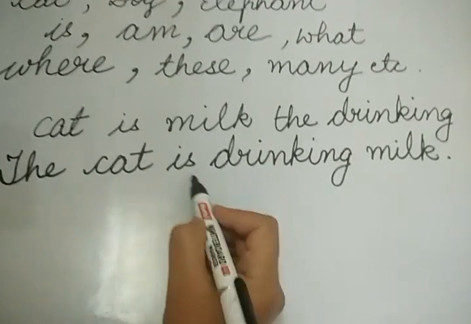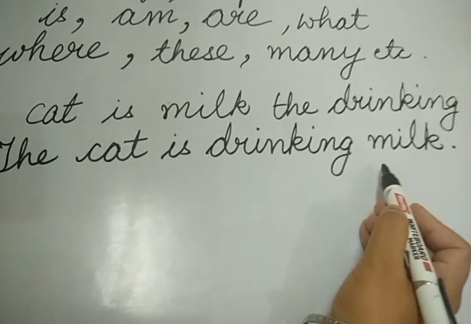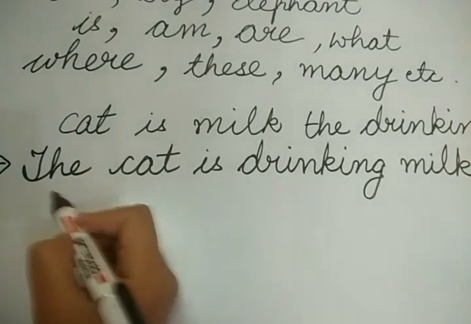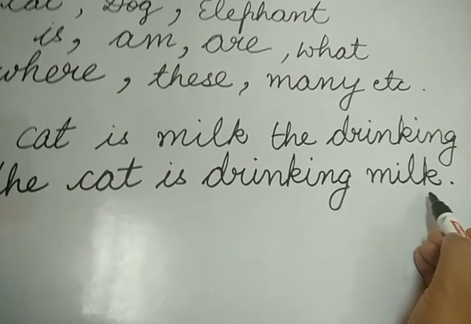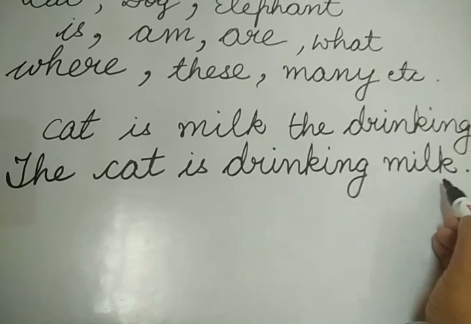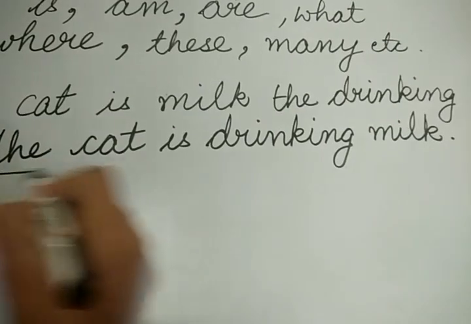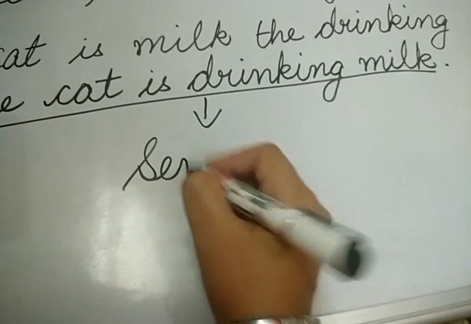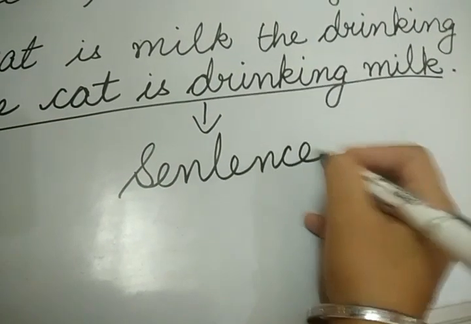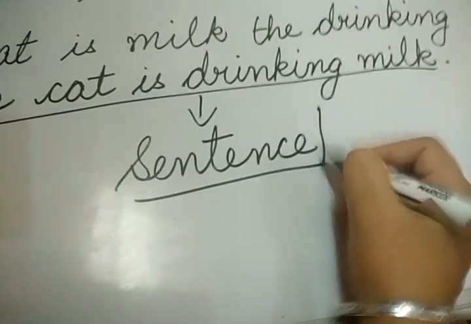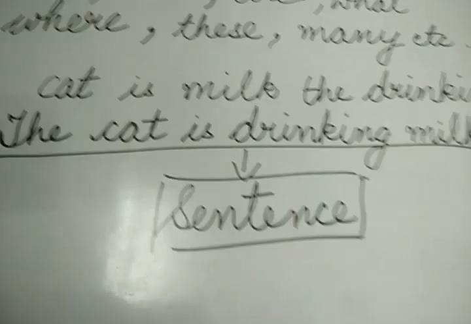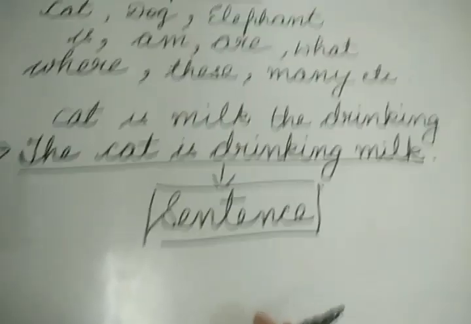The cat is drinking milk. So this sentence has a meaning. Now these words, when we write them in proper order, have a meaning. And what is this called? This is called a sentence. Understood?